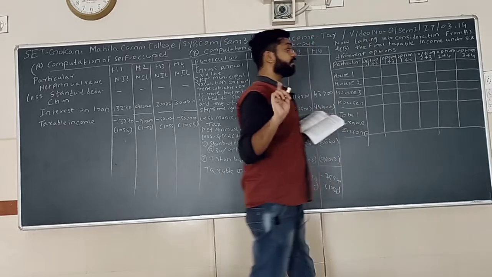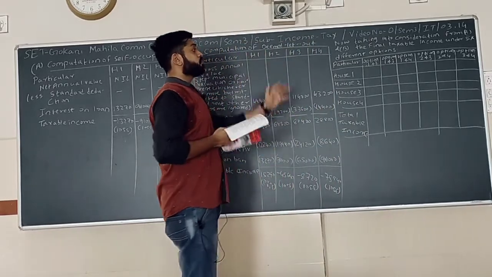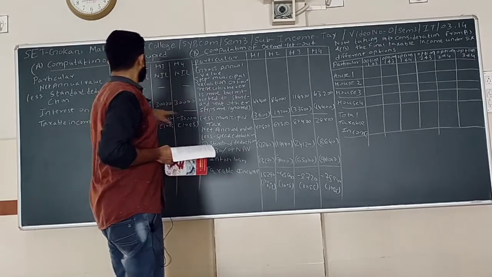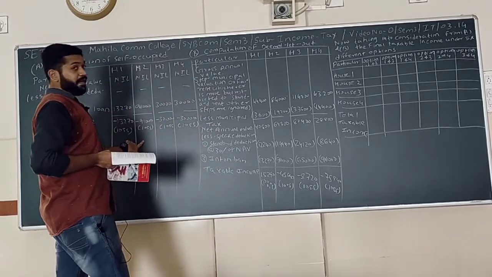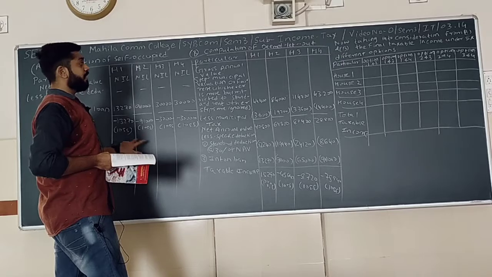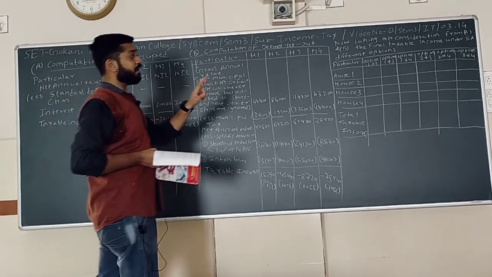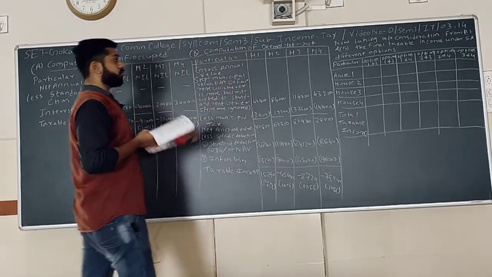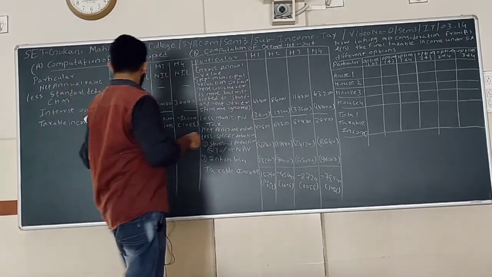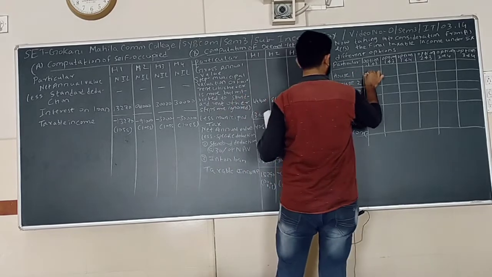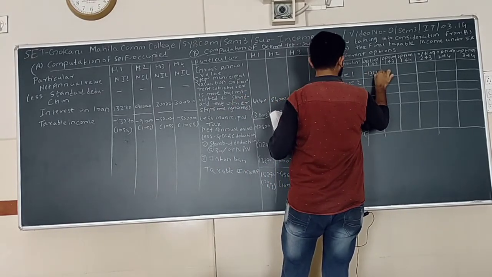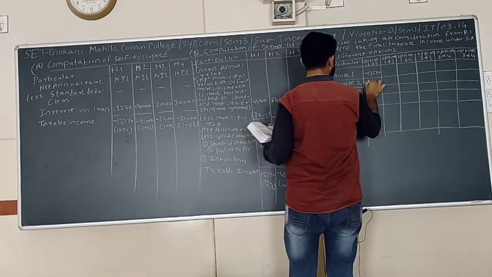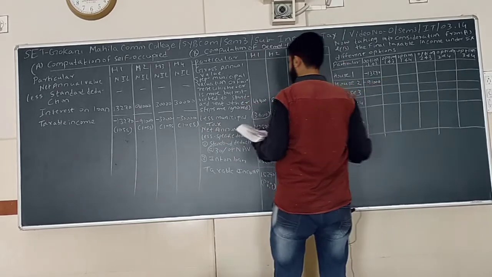Now this calculation, listen carefully. Here in option 1, house 1 and 2, we are going to include these two parts as self-occupied, and for house 3 and 4 these two houses as let out. So for house 1 it is minus 30,270. For house 2 it is minus 91,000.